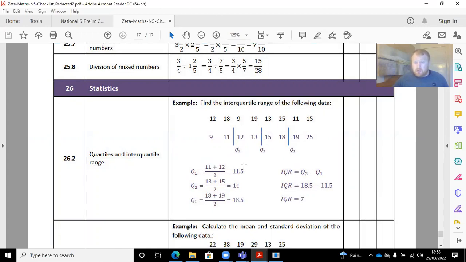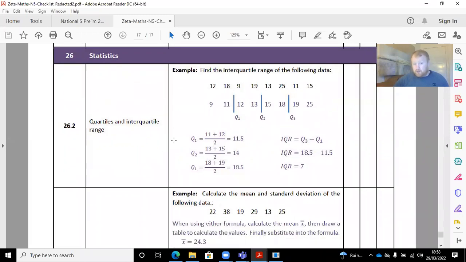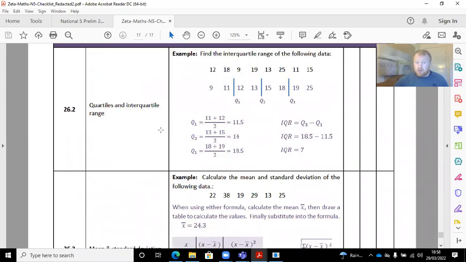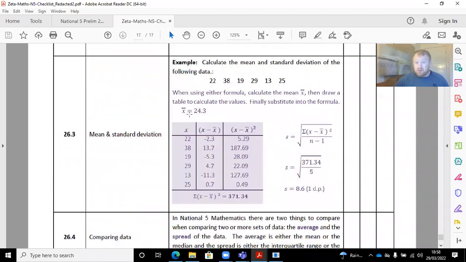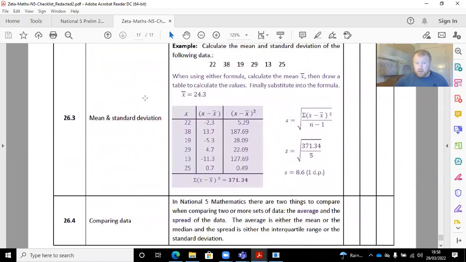Q2 is right in the middle, Q1 is half again, Q3 is half again. That's all your quartiles are. They were quite ambiguous with the statement in regards to quartiles and interquartiles. So be aware of it, but the most likely question to come up is that standard deviation.